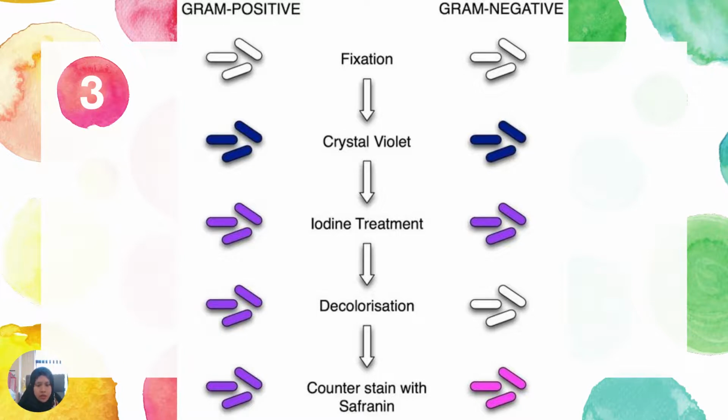The last step is that we counterstain with the safranin solution. The color of safranin is reddish pink. So at this point, it tells us strongly that gram positive is the one with the purple color, and the gram negative bacteria is the one with the reddish pink color.